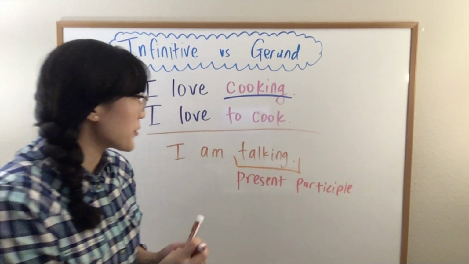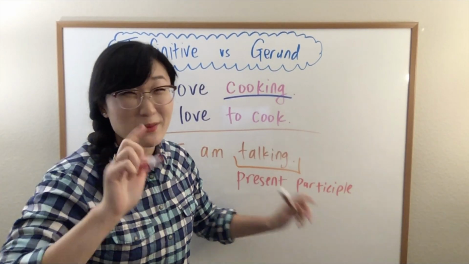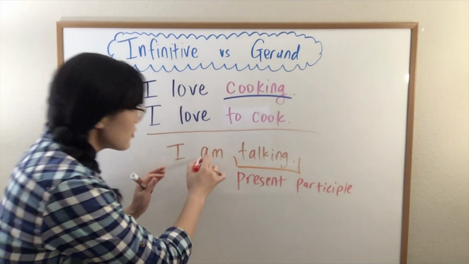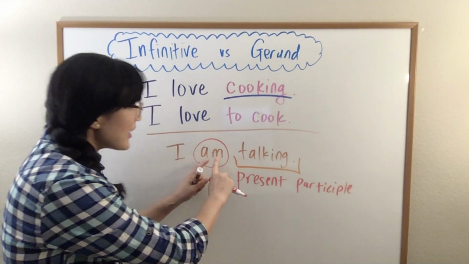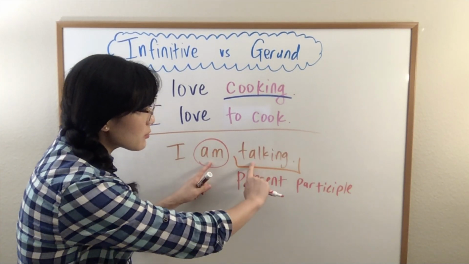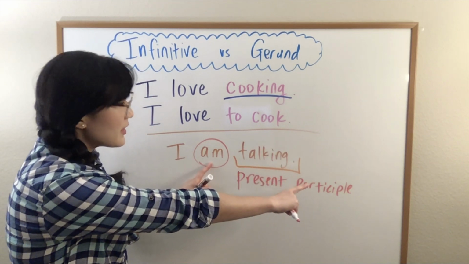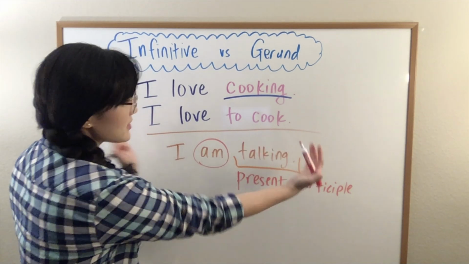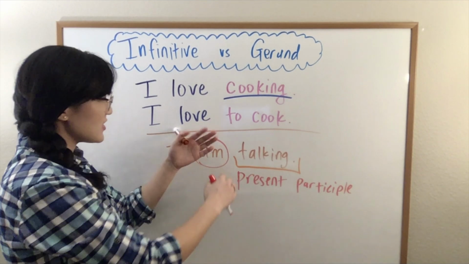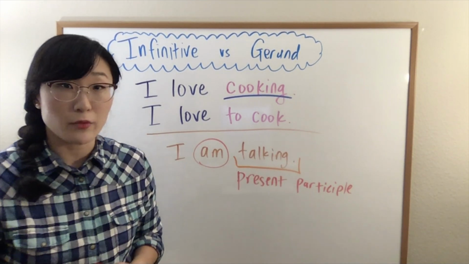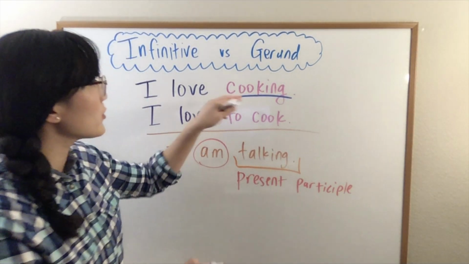If you don't want to remember these grammar names, all you need to remember is if you have the be verb here and it's connected to a verb in the ing form, this is going to be part of the present continuous tense. Or if this is in the past, past continuous, right? This is going to be different from what we're looking at here.